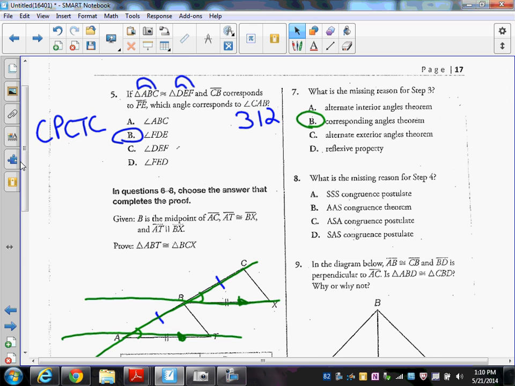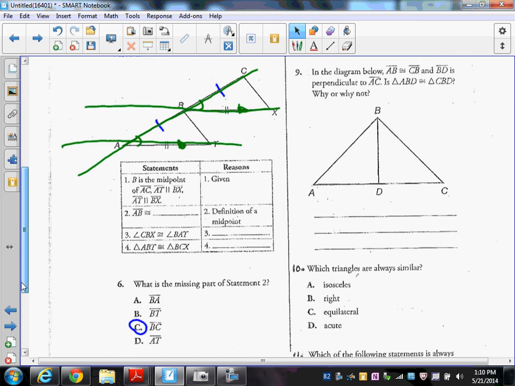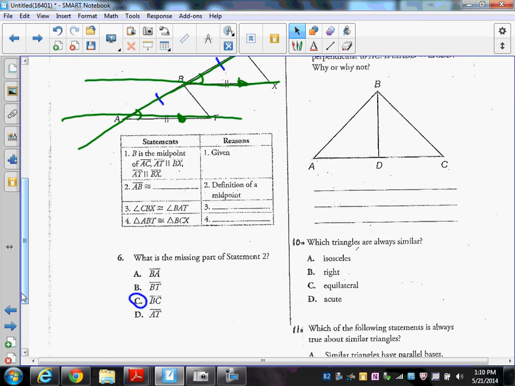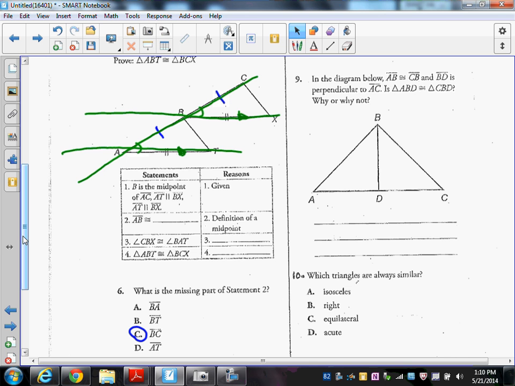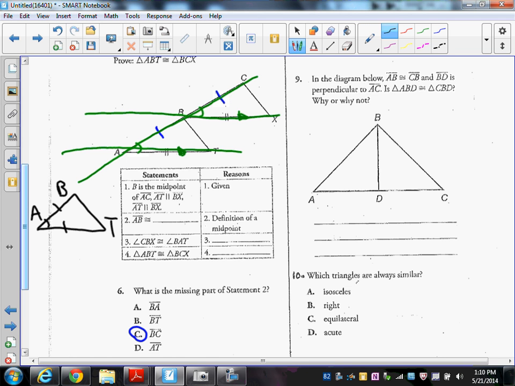So the last one asks us, why are these triangles congruent? We had to fill in step 4. So let's rewrite them. I have triangle ABT. So I have an angle, a side, and another side. So all I'm doing is rewriting all of these tick marks and angle marks that I have.